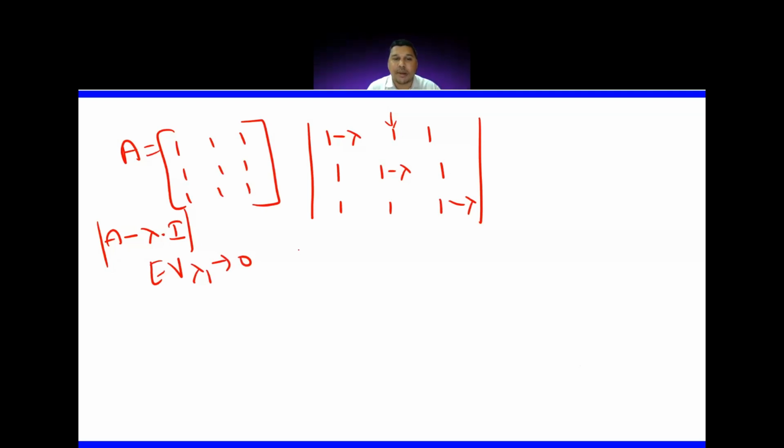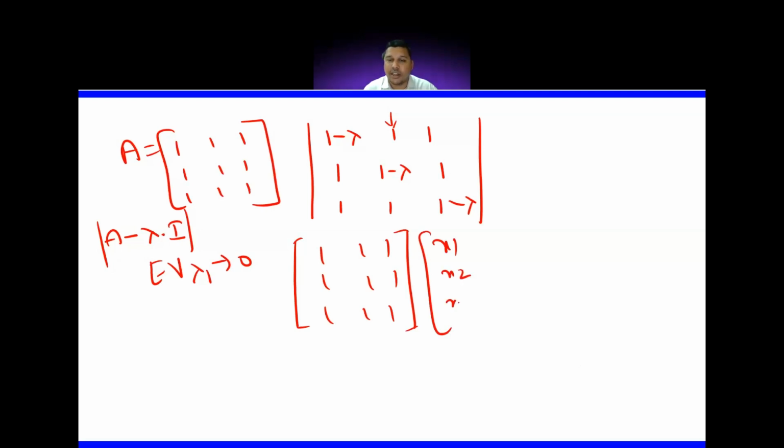If you substitute 0, your matrix becomes 1, 1, 1, 1, 1, 1, 1, 1, 1. So this is your matrix. If you multiply with x1, x2, x3 equal to 0, what do you get here?